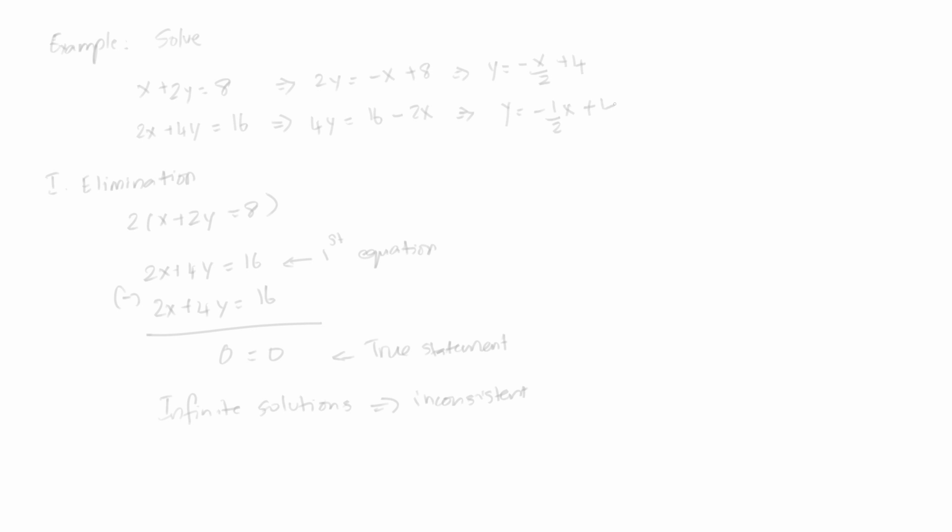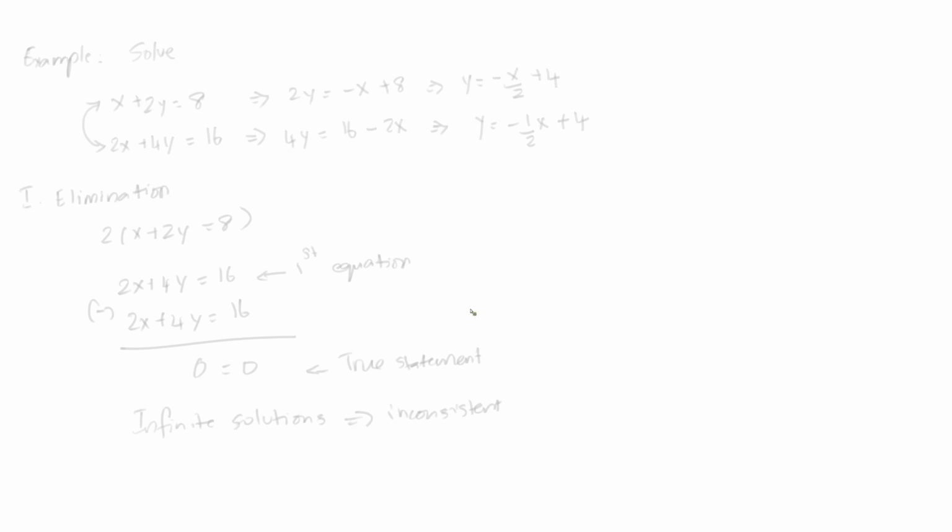So pretty much, although at the beginning they kind of looked different, they are the same equation. So you just have one line superimposed onto itself. So you will have infinite solutions. By all means, you're just looking at the same line. So this is an inconsistent system.